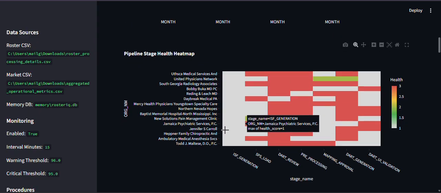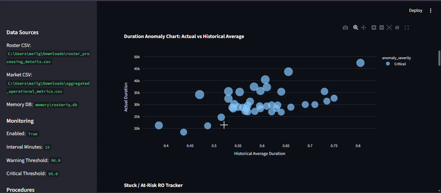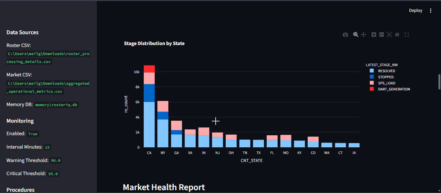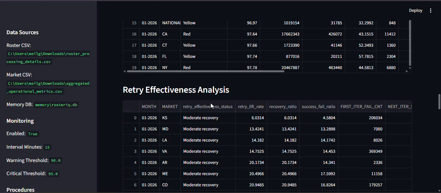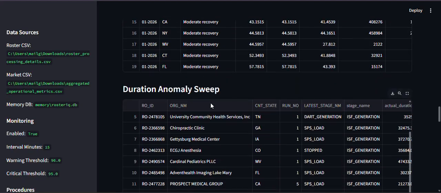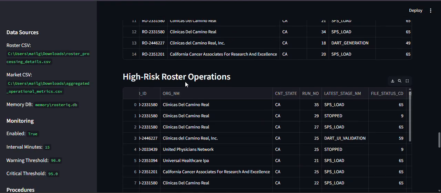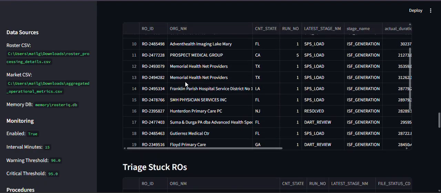This is the heat map with respect to the organization name and the stage name. This is the duration anomaly chart. This is the RO tracker. This is the distribution by state. And these are multiple reports like market health report, retro effectiveness analysis, duration anomaly sweep, and stuck ROs. This is our high risk roster operation, and these are our active alerts again.